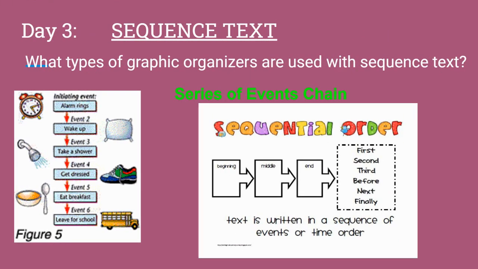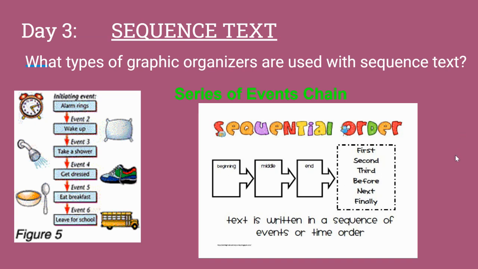Here are some graphic organizers. I want you to look at the graphic organizers that I'm going to present to you, and I want you to think about which graphic organizer you would use to help you organize your sequential information.